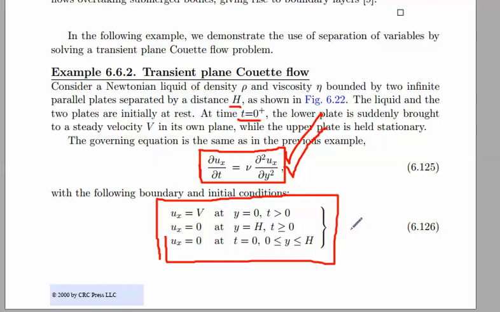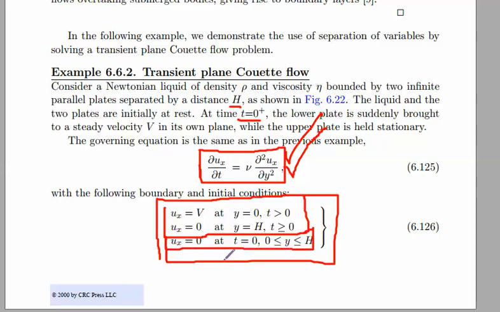Okay, so for this problem we have these two boundary conditions. These are exactly the boundary conditions, and one is the initial condition. So here we have these two as the boundary conditions of the problem, and this equation is called the initial condition.